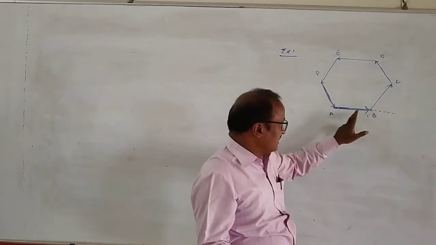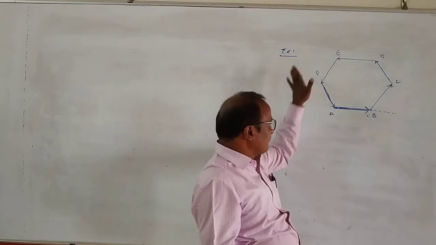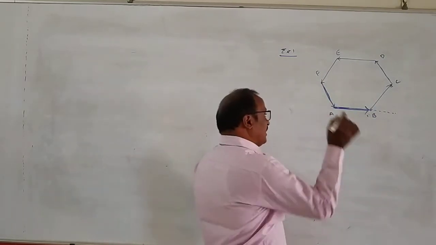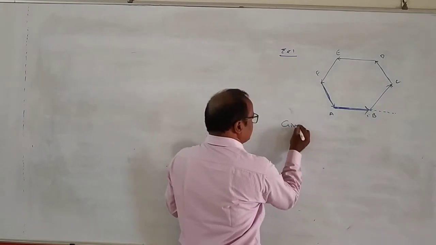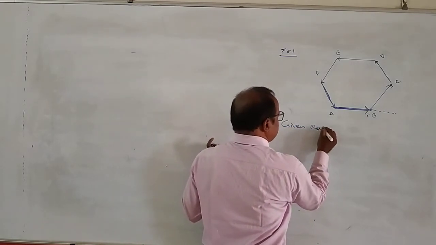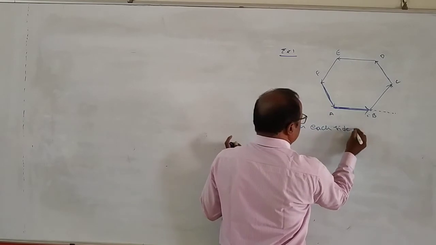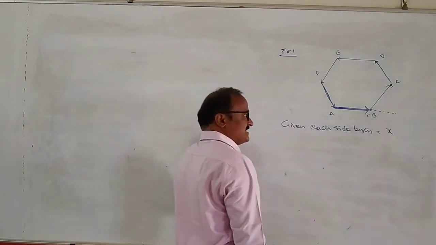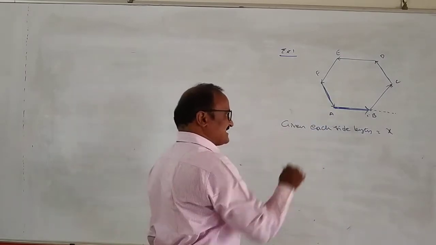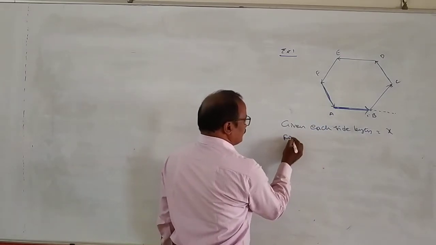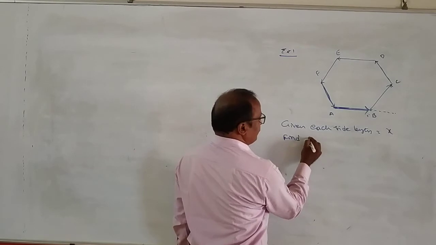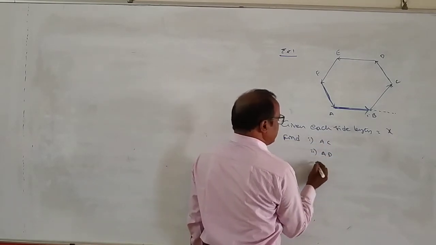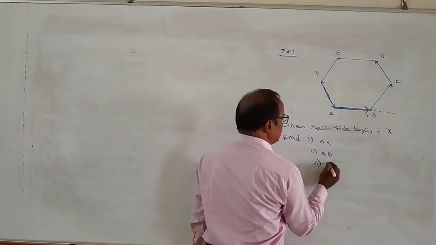Then all these forces can be represented by the sides of a regular hexagon. Also given, each side length is equal to x. It is a hexagon. Then find the values of AC, second one AD, third one AE.